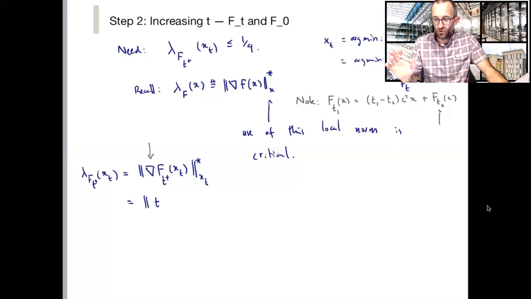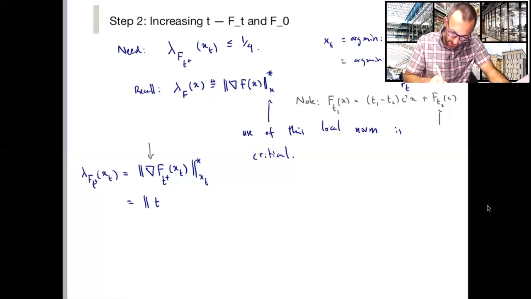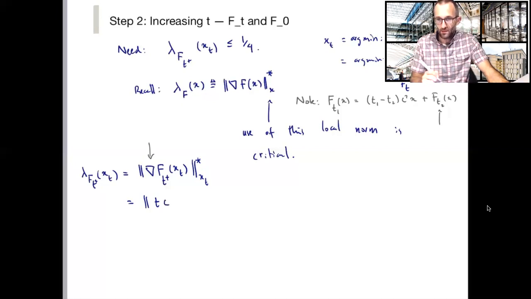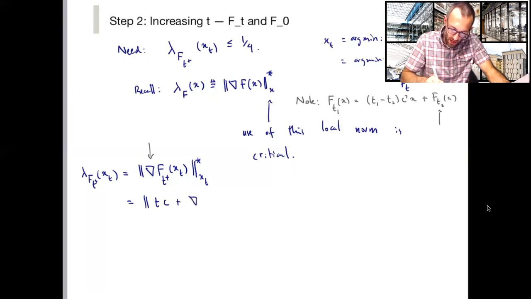Sorry, I'm taking the gradient with respect to x, not with respect to t. So if I take the gradient with respect to x, what is this equal to? It's equal to t times c. Linear term in x, only t times c is left, plus the gradient of f0 evaluated at x_t.